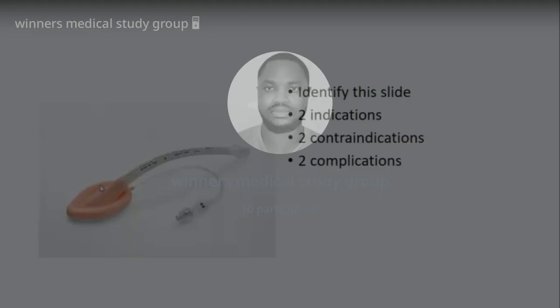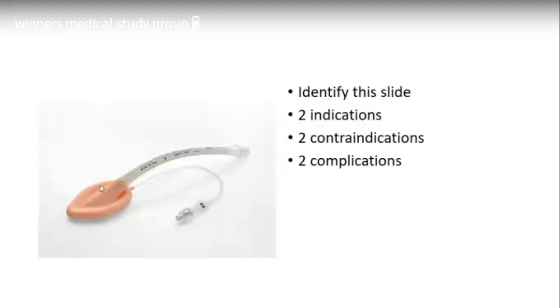So what are the contraindications? Two contraindications to this. Usually one is a very long procedure. Any procedure of more than 2 hours, up to 4 hours, may not be appropriate.